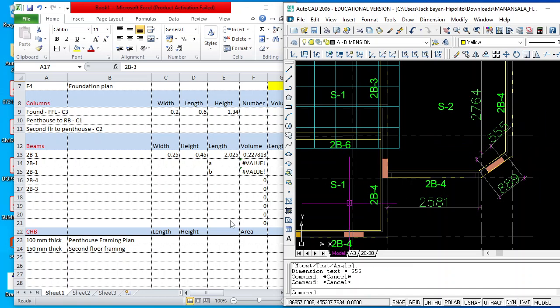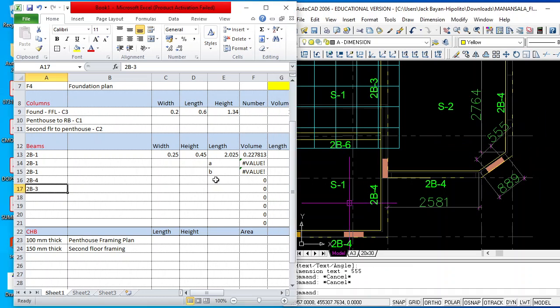So what will be the total length of my 2B4? Let me compute.